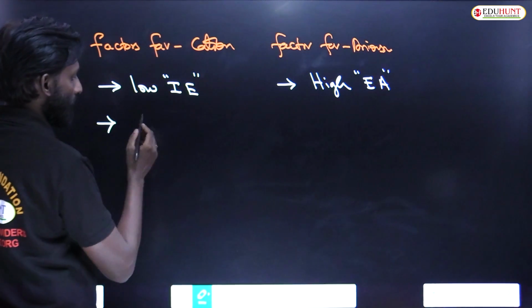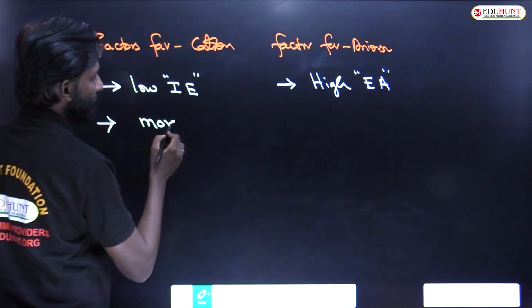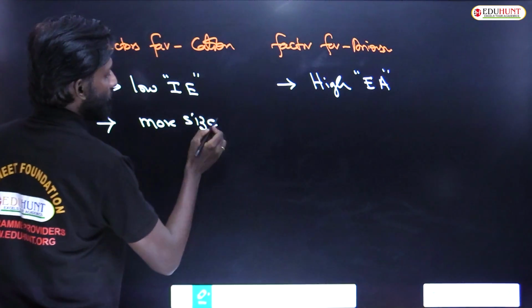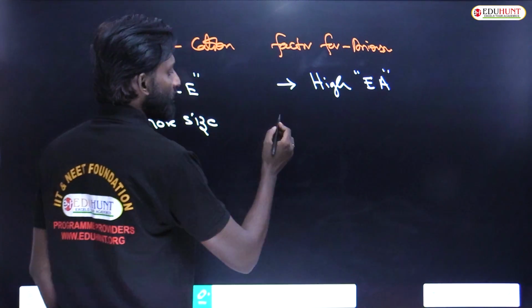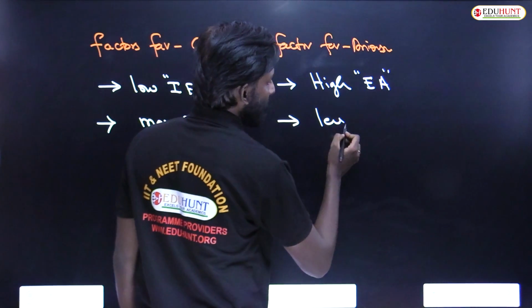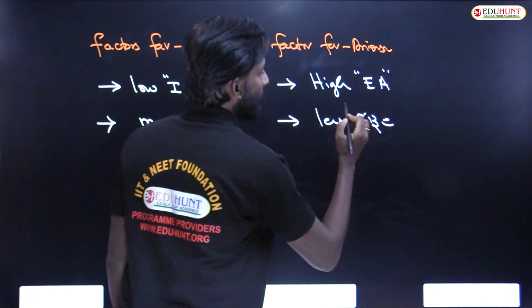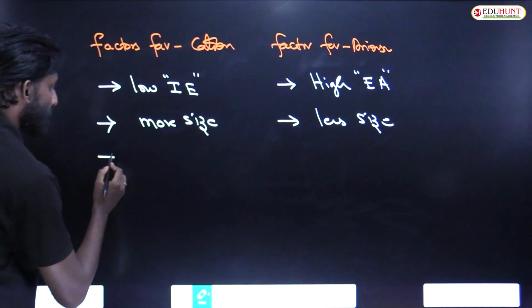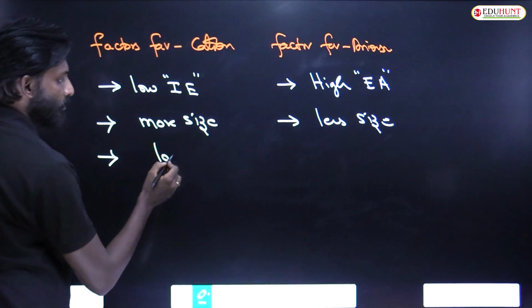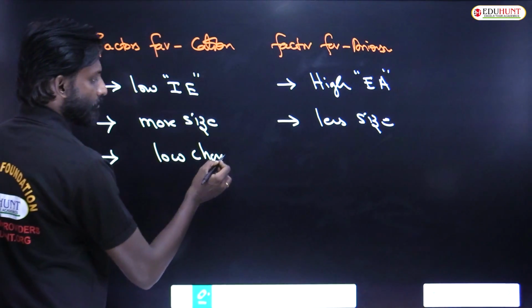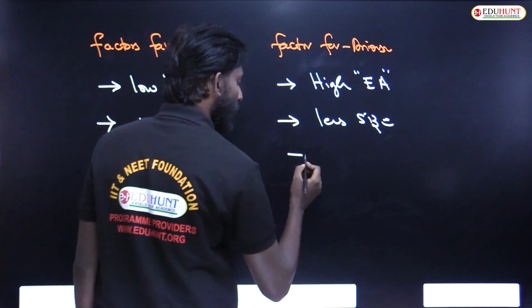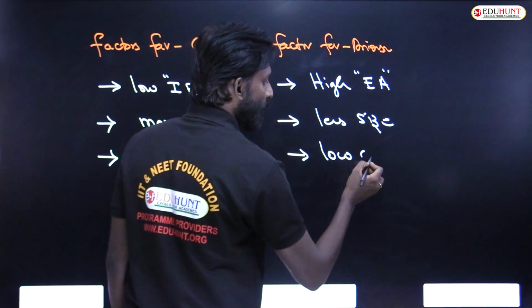More size is favorable for cation formation, and less size is favorable for anion formation. In the case of charge, low charge is favorable. In the case of anion also, low charge is favorable.